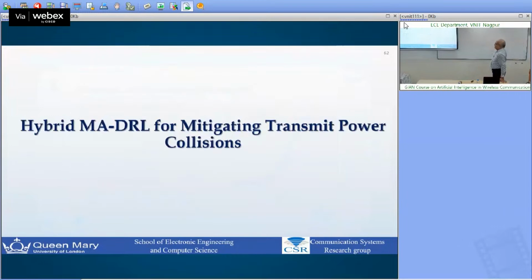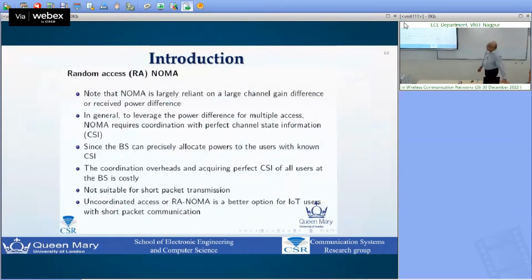How are we going to mitigate the collision? Here the non-orthogonal multiple access largely depends on the channel gain.